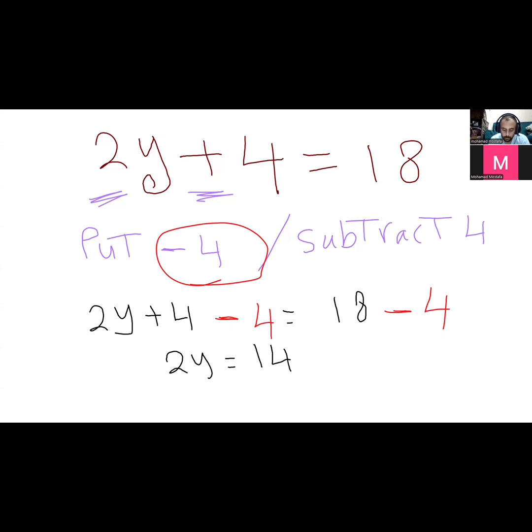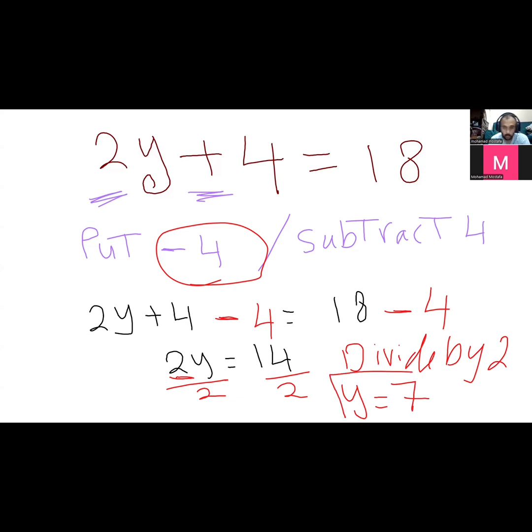The second step: 2y is 2 multiplied by y. The inverse of multiplying is dividing. So divide by 2 over 2 over 2. So y equals 14 divided by 2, which is 7. Excellent. I hope you understand this.